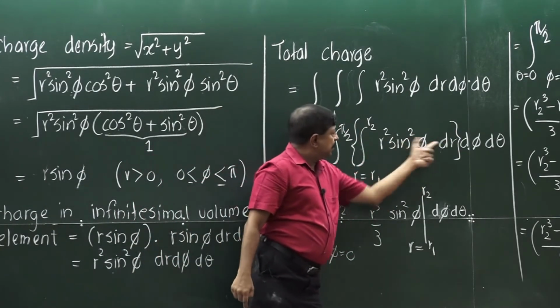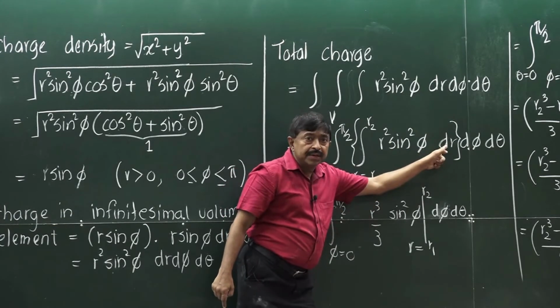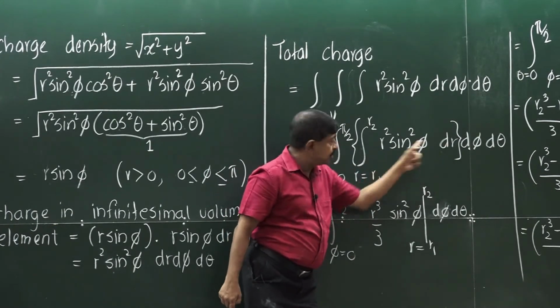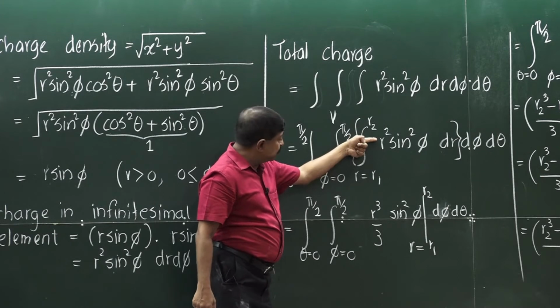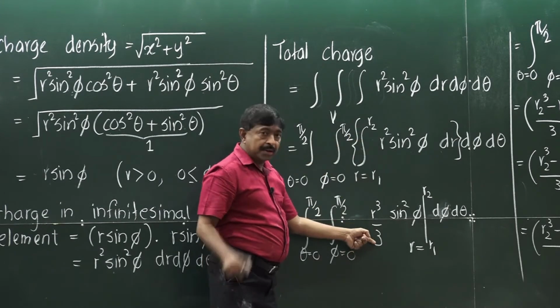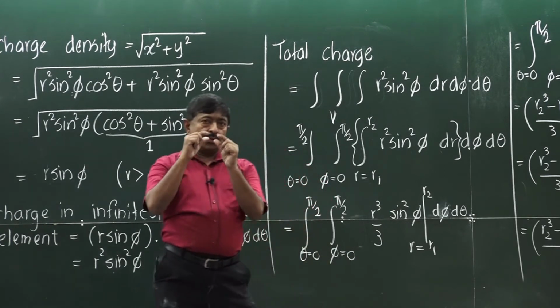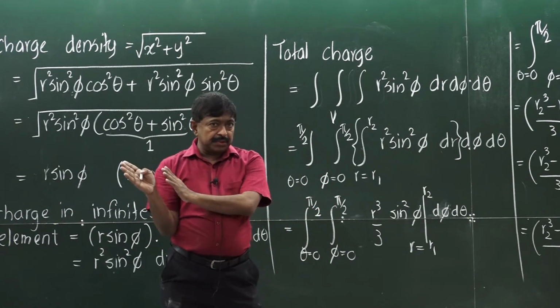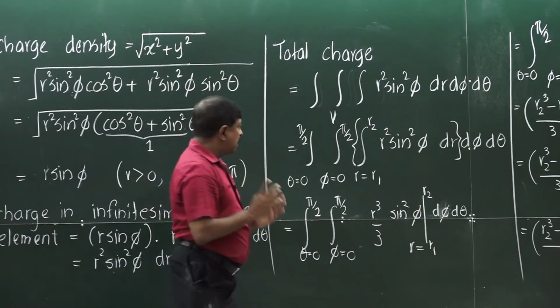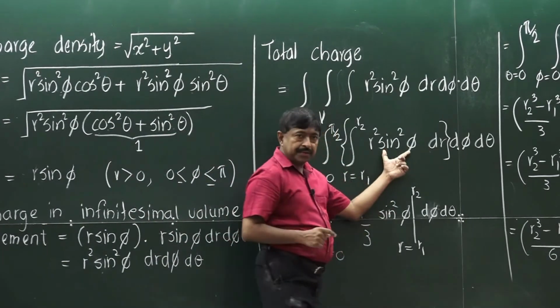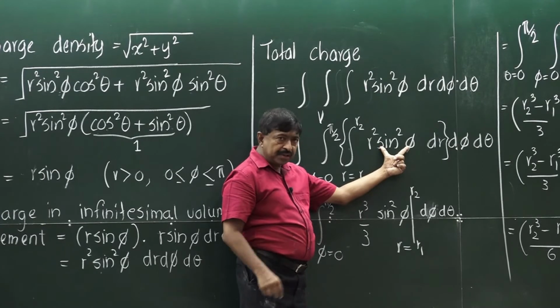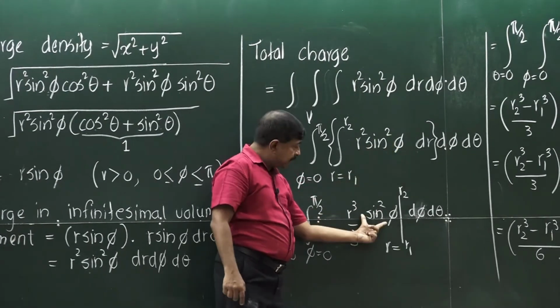Now, when you integrate this, you know the variable of integration is r. So, it will give you r cube over 3. Remember, in multiple integrals, always the other variables are treated as constants. Therefore, here sin squared phi is treated as a constant.